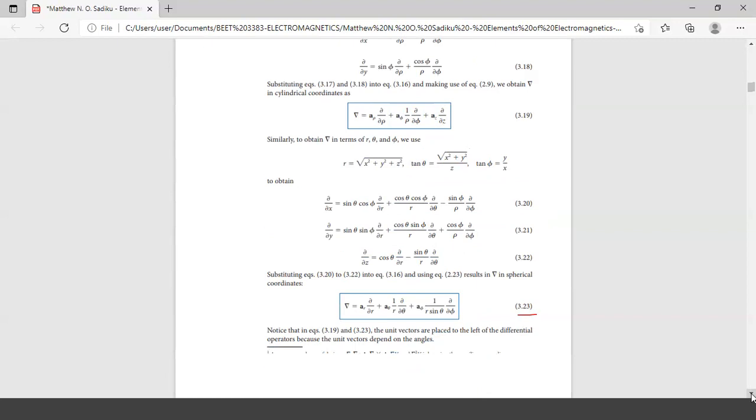Same with the spherical coordinate. We use the transformation method and we get the final answer. The final equation is del equals del over del r in the direction of r, plus 1 over r del over del theta in the direction of theta, plus 1 over r sin theta del over del phi in the direction of phi.